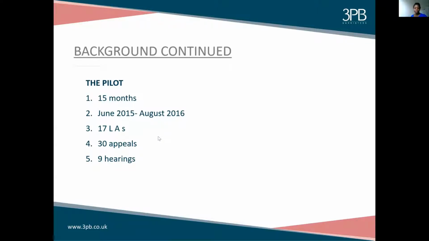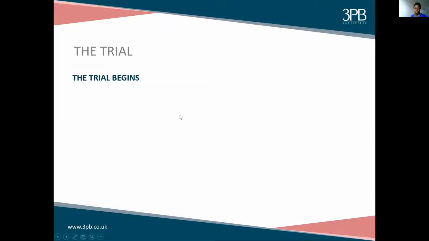The responses to the recommendations from the tribunal, you couldn't work out whether they were helpful yet. And they couldn't really identify, based on those 9 hearings and 30 appeals, whether it was generally a success or failure. And that's why the trial started.